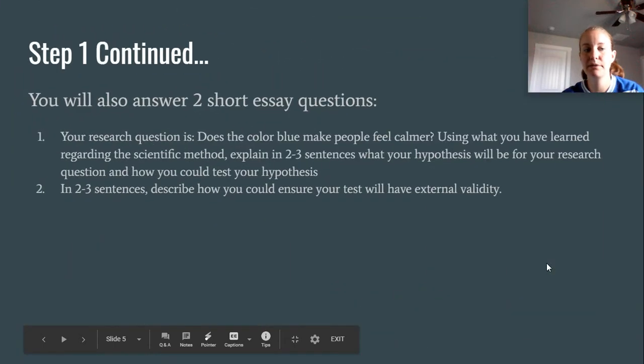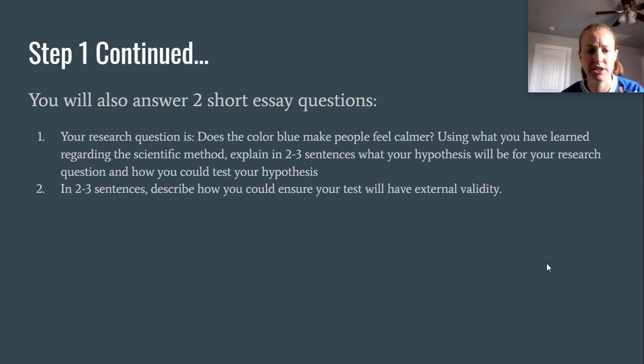The second part of step 1 is that you'll have 2 short essay questions. The first question you're going to answer: your research question is, does the color blue make people feel calmer? Using what you have learned regarding the scientific method, explain in 2 to 3 sentences what your hypothesis will be for your research question and how you could test your hypothesis.